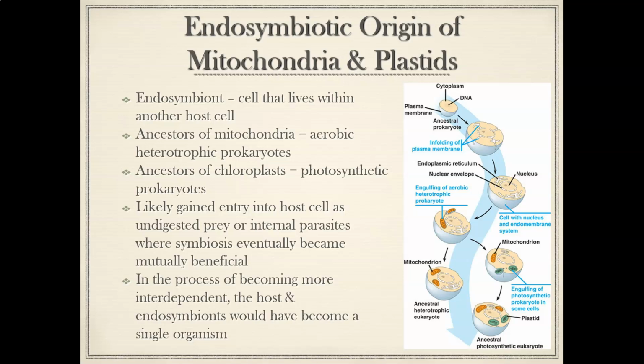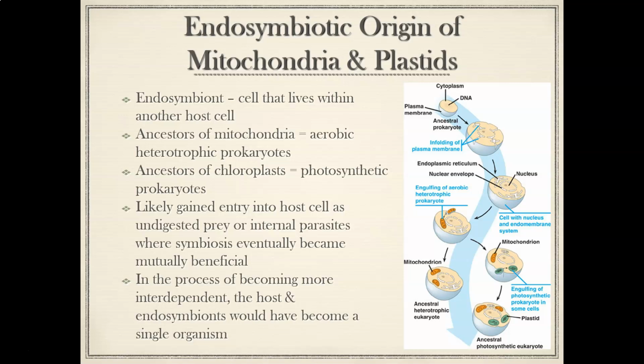So the theory suggests that you had a larger prokaryote and then these smaller prokaryotes living in the environment, and essentially endocytosis would have occurred. So endocytosis, right? A cell takes its cell membrane, envelops its food particle, brings that food particle in, and typically would digest that food particle and use it for energy or other source materials to build things that it needed.